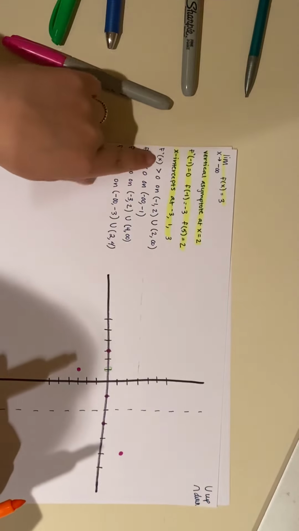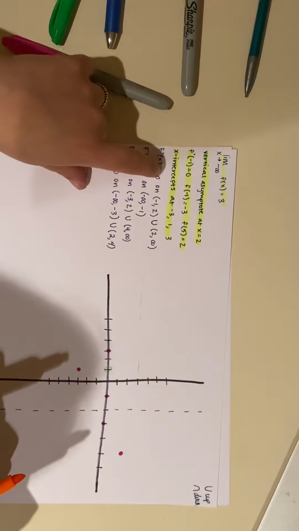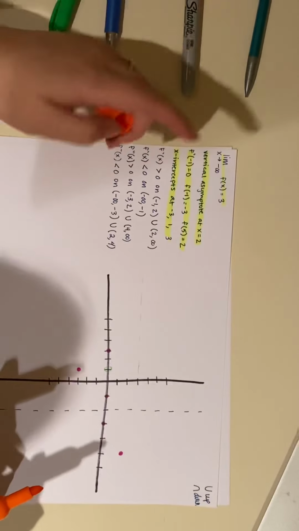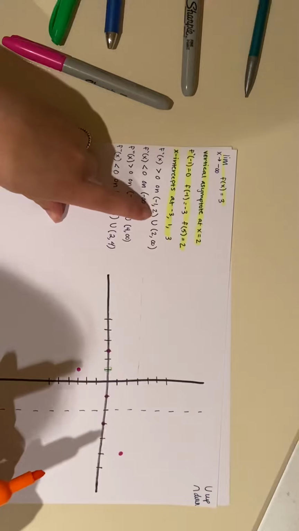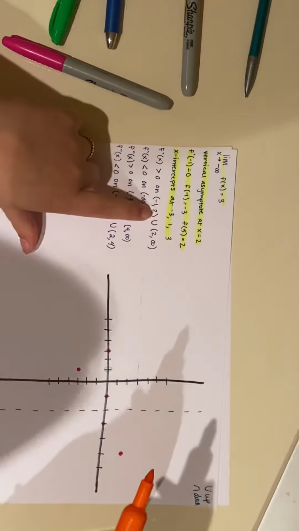So the first one is going to be where x is greater than 0. So it's going to be increasing, essentially. You're going to have an increasing interval from -1 to 2. And I'm going to do my increasing interval in orange.